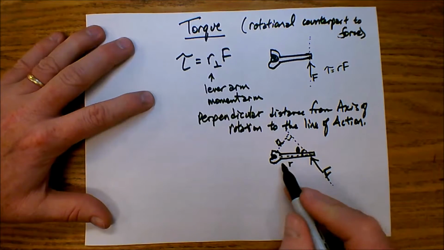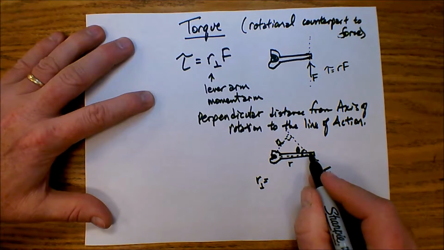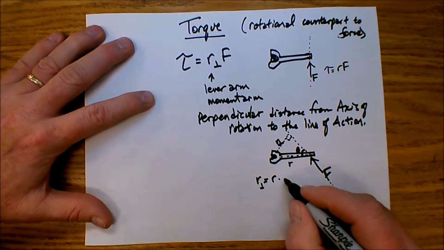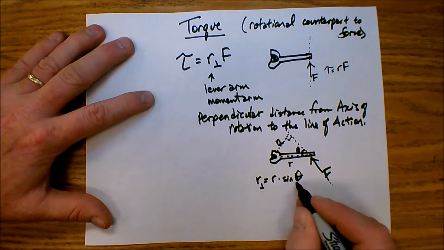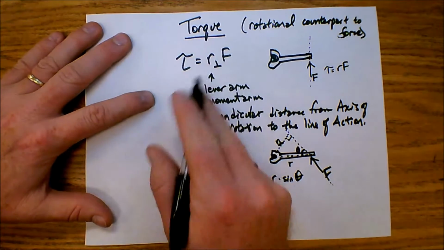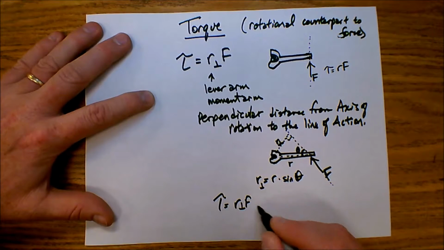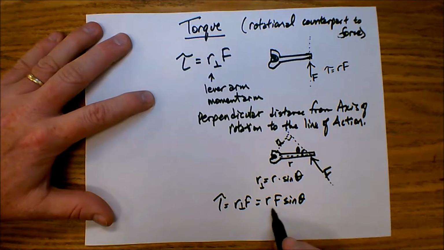So r perpendicular is equal to the hypotenuse, that's r, times the sine of this angle. So r perpendicular is equal to r sine theta. One way to write r perpendicular times F is r times F times sine of theta. That's a way to find the torque.